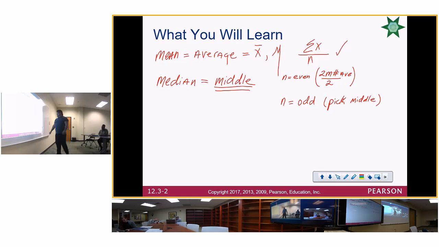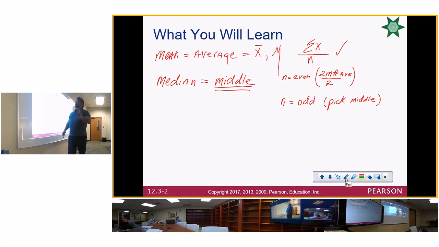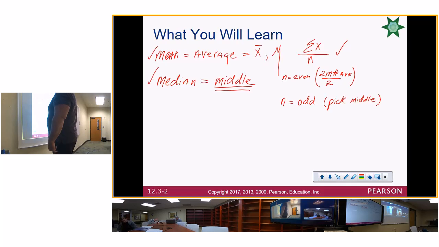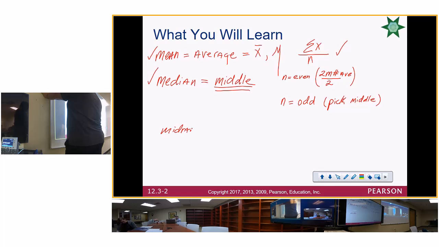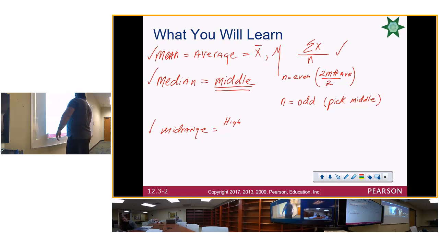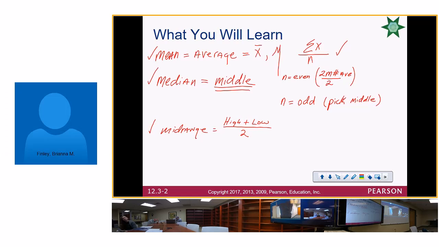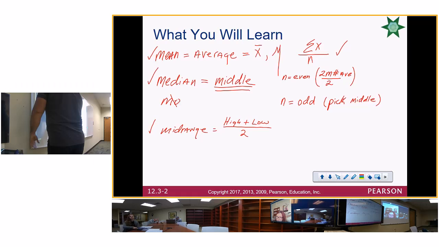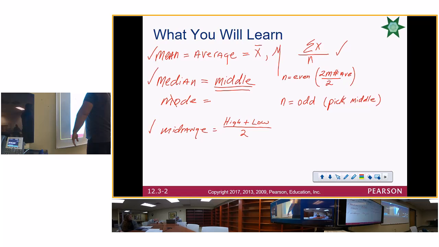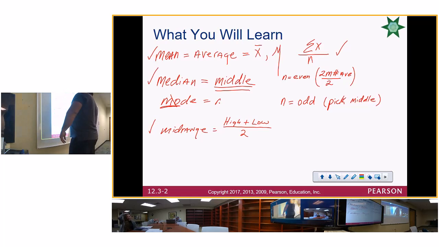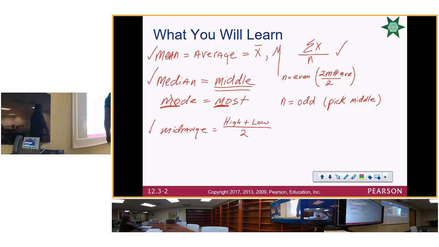Right now, the most important, there's 3: mean, median, and mid-range. Those are your 3 most important. And how do you find the mid-range? The highest number plus the lowest number divided by 2. The mode's in here, but the mode is really worthless. It's the number that shows up the most. Mode and most both start with M-O, which means it shows up the most.